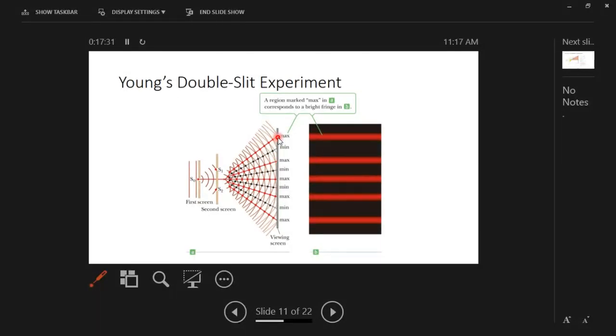At this point, the path difference is two wavelengths, and so on. Also, between any two bright fringes, you have a dark fringe where the path difference is (m + 1/2) times lambda. So for example, here the path difference is lambda over 2. Here the path difference is 3 lambda over 2, and so on. And this is what you are going to observe for this situation.